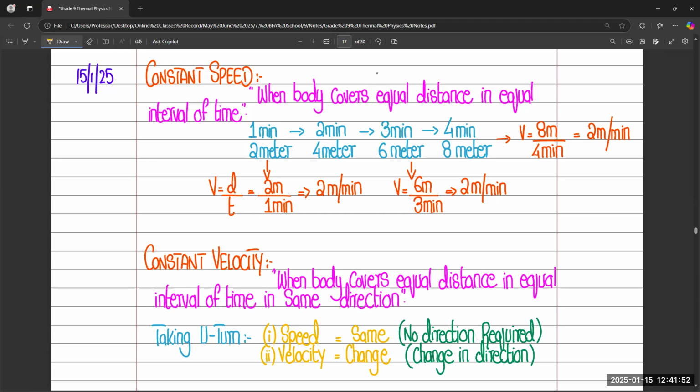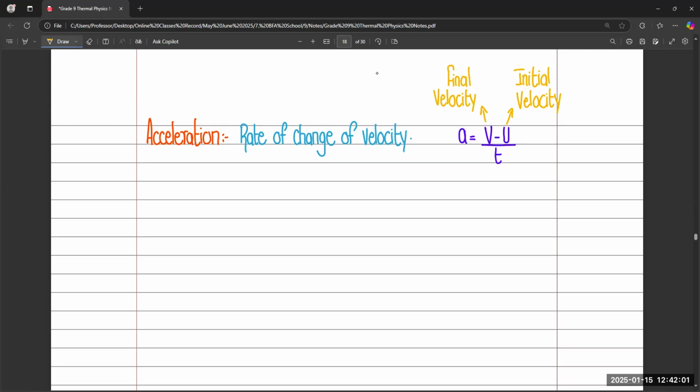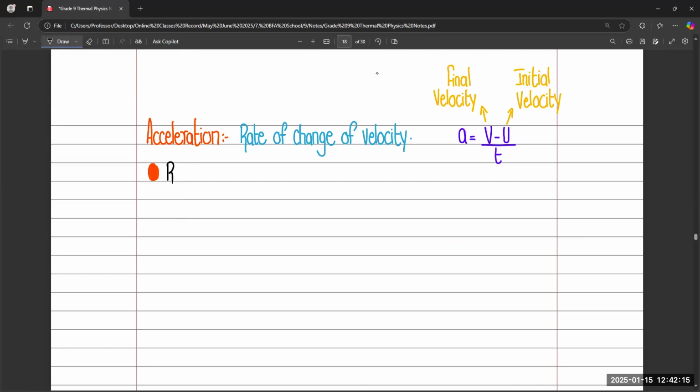Yes, sir. So basically, we need to compare initial and final velocity. Let's suppose we take a signal example, like we are at a red signal. What do you think about a car at a red signal?